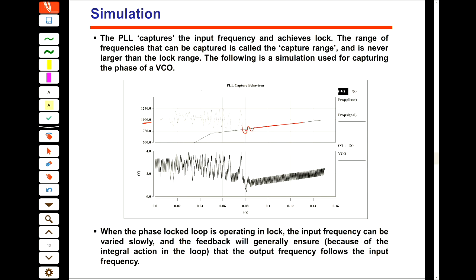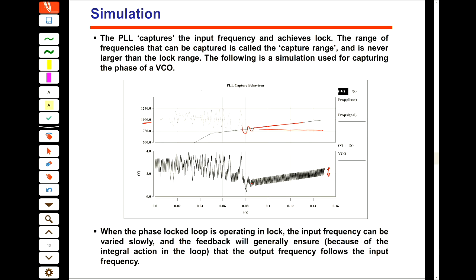But when we get locked, then the phase of these two signals are close, and just by changing this voltage like this, we try to keep the output frequency with the input frequency. I mean, when we reach somewhere that we get locked, then we don't change it.